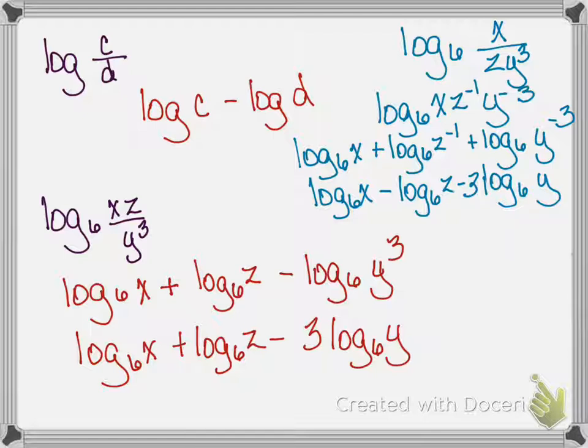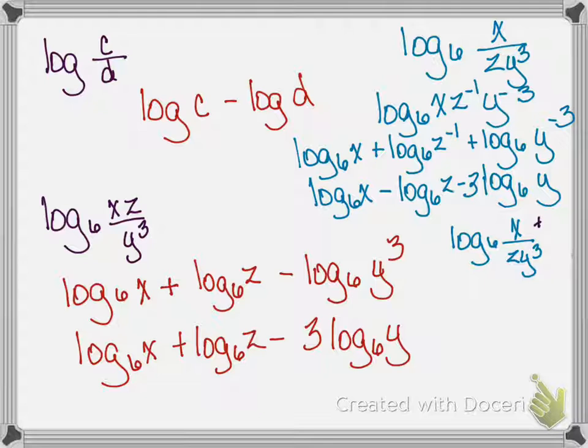Okay. So I want you to think about that. If we go back to my original blue equation, I have log base 6 of x over z y to the third. If it's in the numerator, I'm going to be adding them.